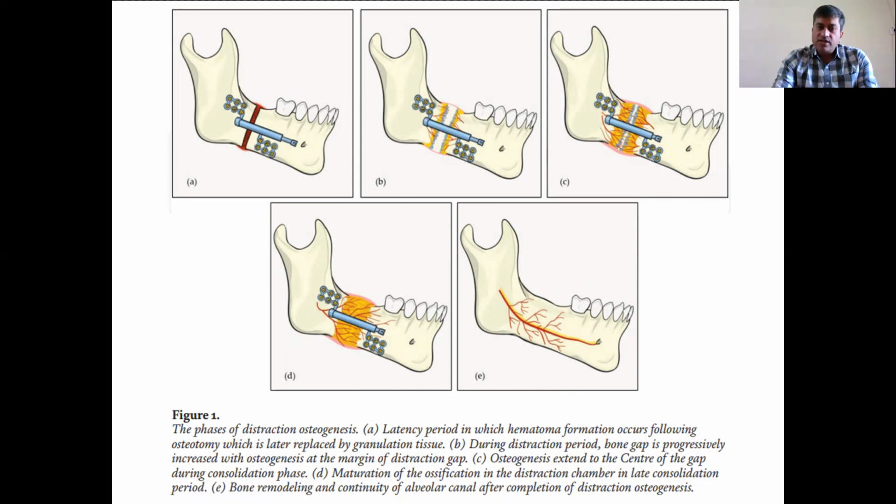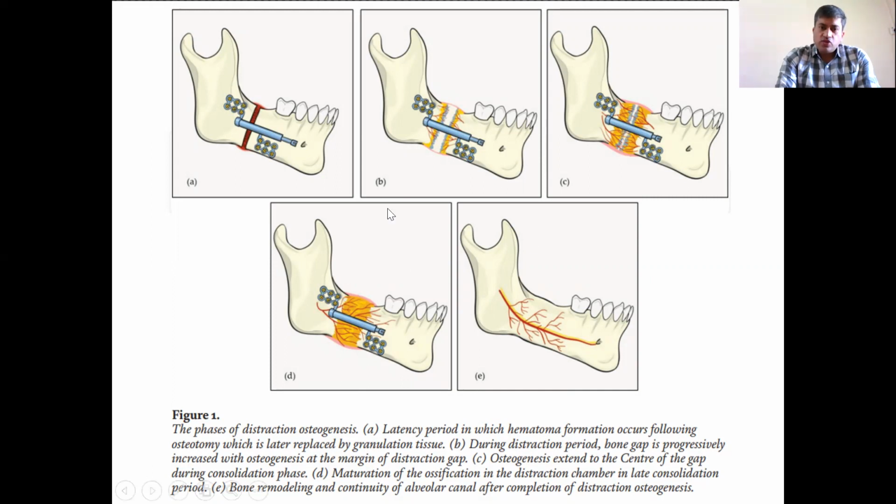And once the bony segments are separated from each other, as per the Ilizarov effect, the bone formation starts at the edges of osteotomy. Now, during the early consolidation phase, the bone formation that has started at the edges of osteotomy starts migrating towards the center, and the primary callus starts getting replaced with the secondary callus.